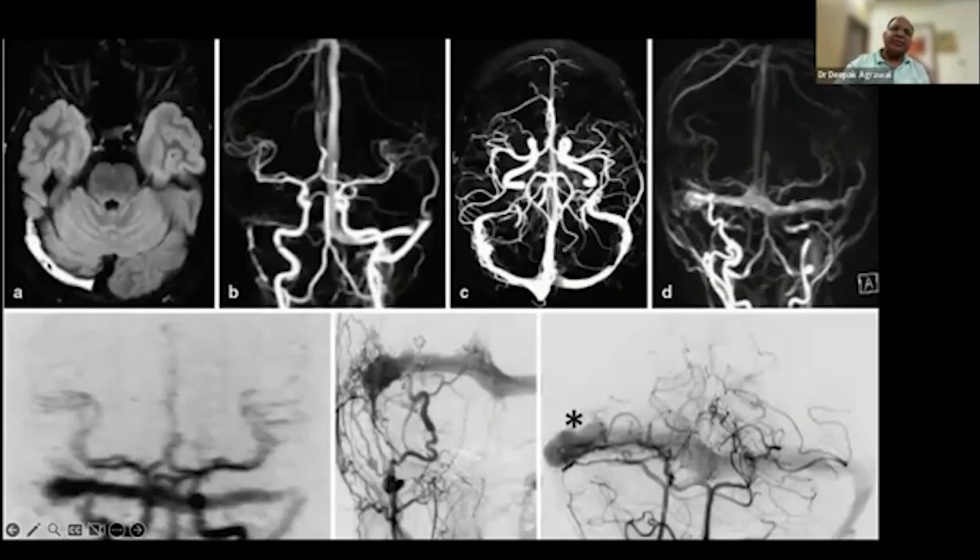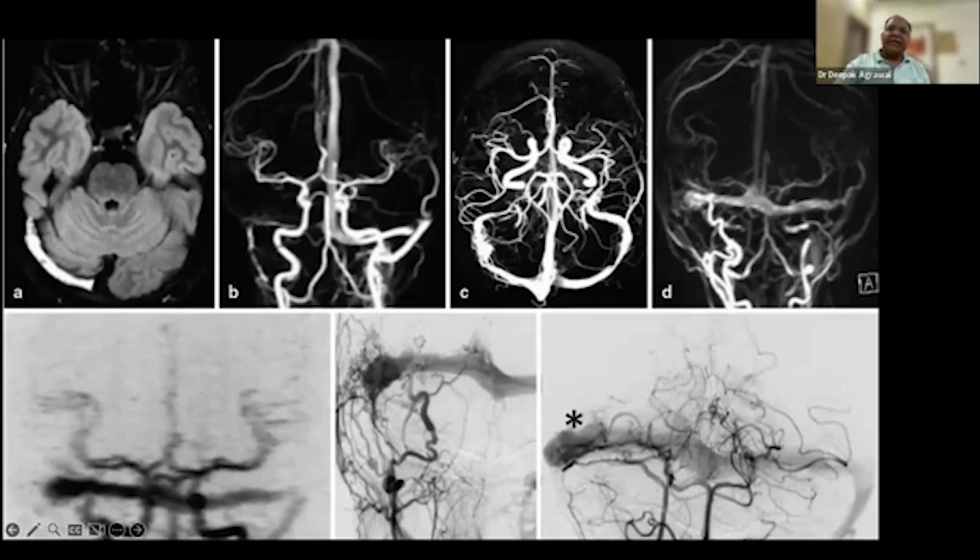Here I can show you, in this first image, there is a sinus thrombosis in the transverse sinus. This is a 21-year-old girl who developed this spontaneously. The second image, B, is the MRA done just 10 days later, which shows beading here with some kind of initial dural AV fistula formation.